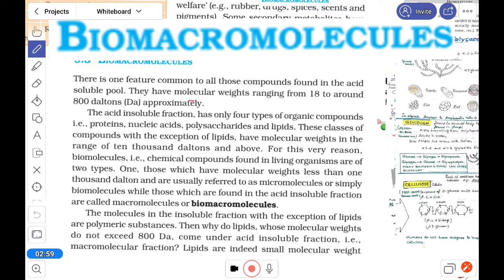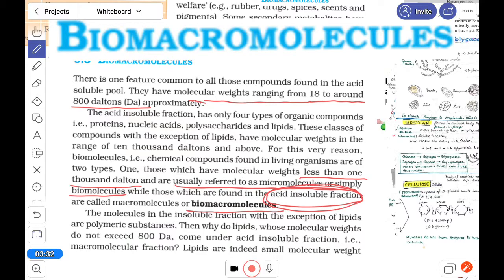Let's see their molecular weight, so much bigger in size. The molecules whose weight is less than 1000 Dalton are usually referred to as biomolecules, whereas the macromolecule is much bigger, and it is the acid insoluble fraction. So in biomacromolecules there are proteins, polysaccharides, nucleic acids.